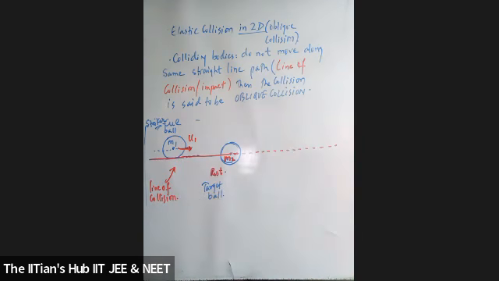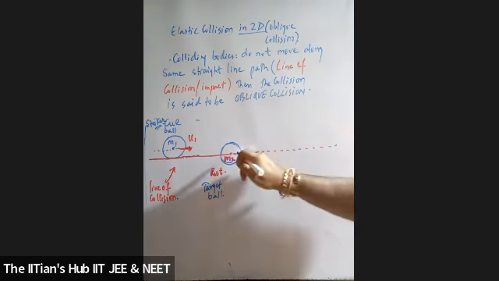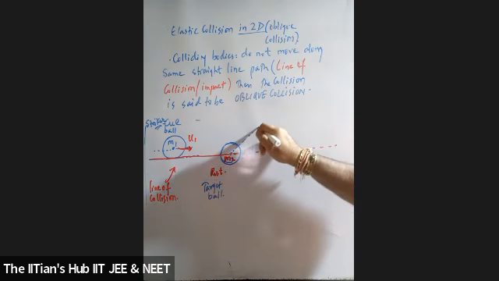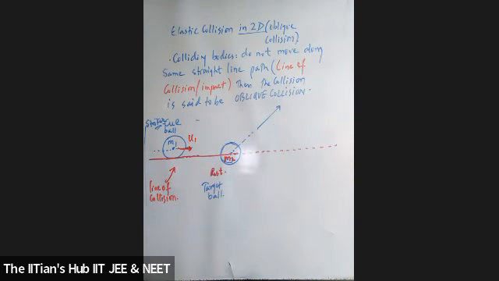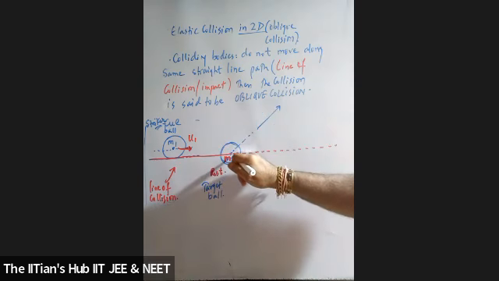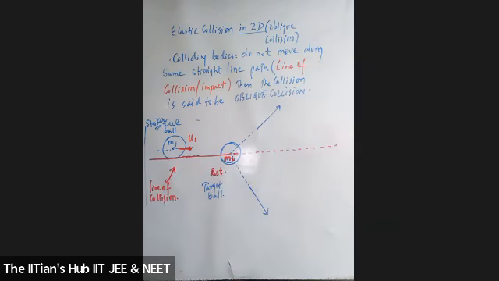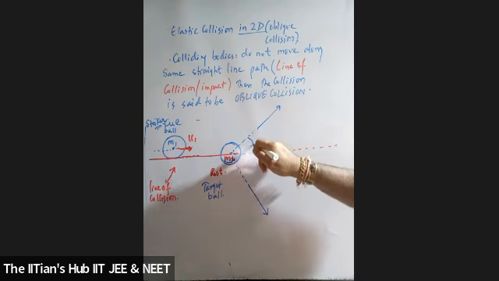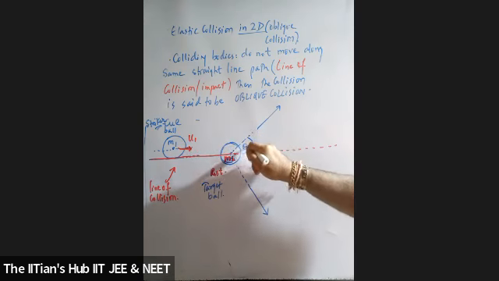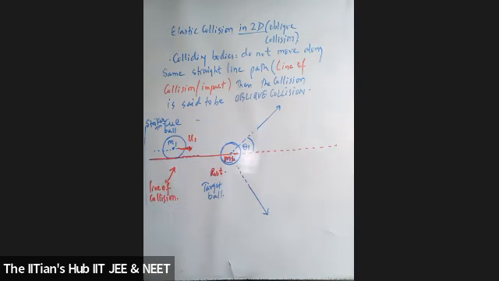Now, when the two bodies hit each other, students, what's going to happen? After colliding, maybe one body will try to move in this direction, students. The other body might go in another direction, students. Maybe the same angle or maybe a different angle. Let us say that the body m1 forms an angle θ1 with the line of collision, students.